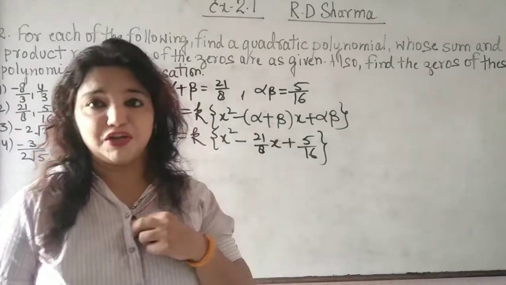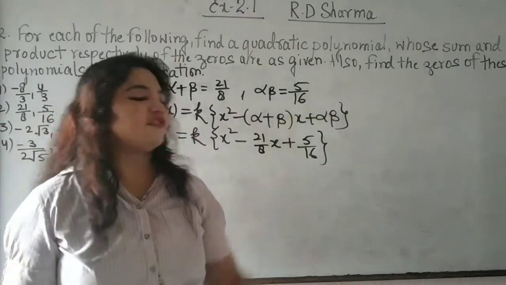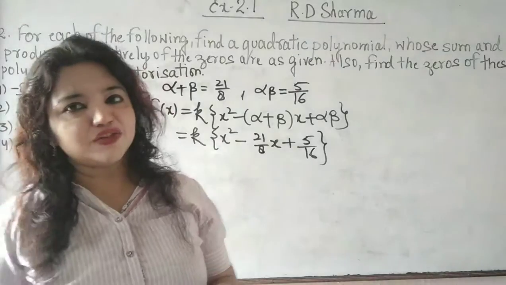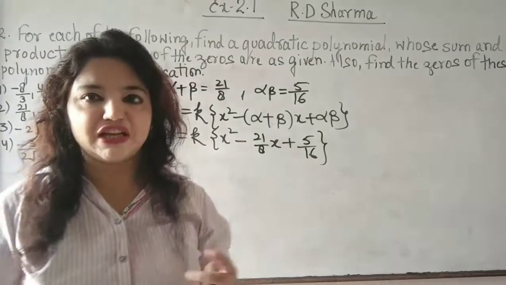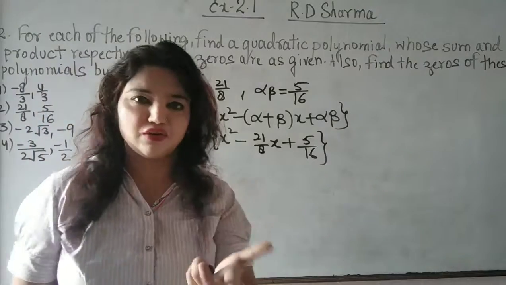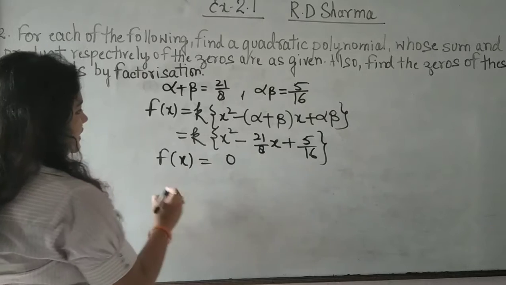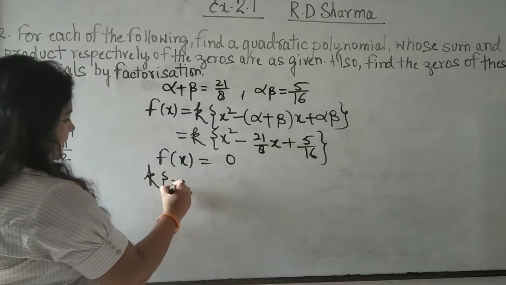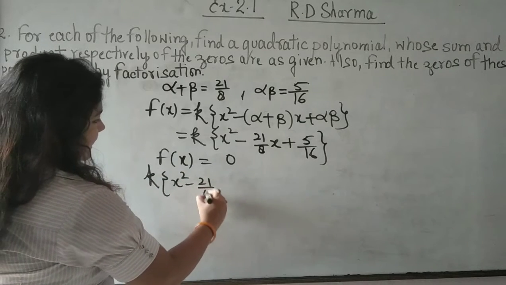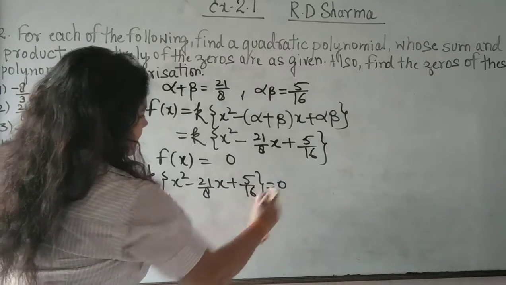We have found out the polynomial, right? And now what we have to do, we have to find the zeros also. For finding out the zeros, we have to solve the polynomial equation f(x) is equal to 0. It means now we will equate this f(x) to 0. That means k x squared minus 21 by 8 x plus 5 by 16 is equal to 0.